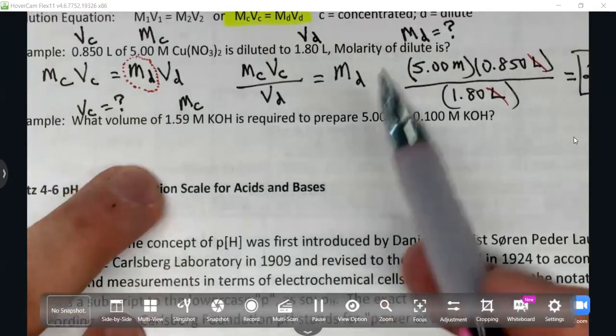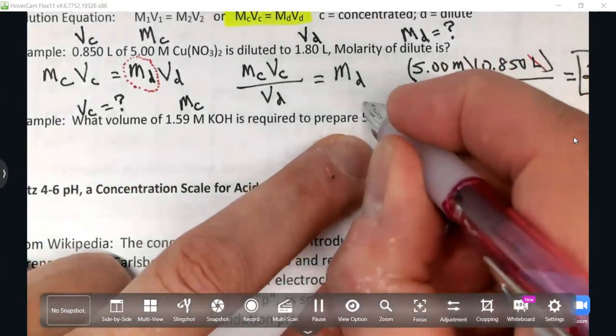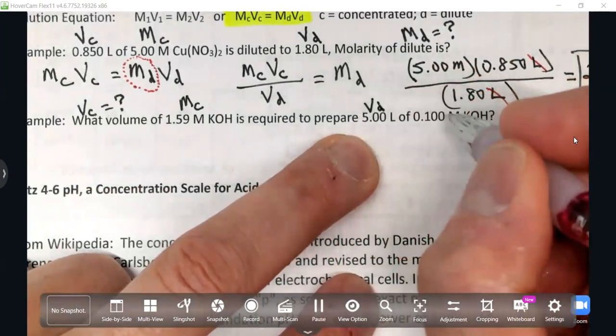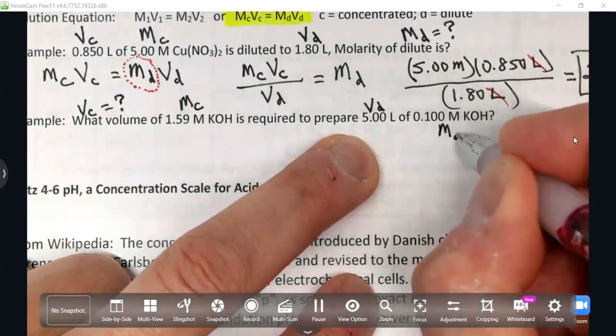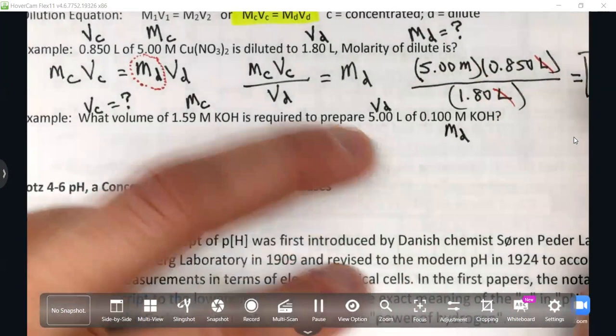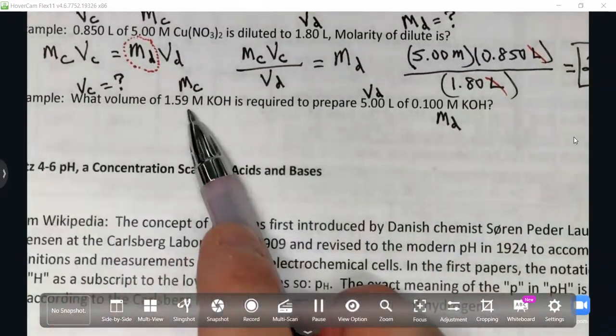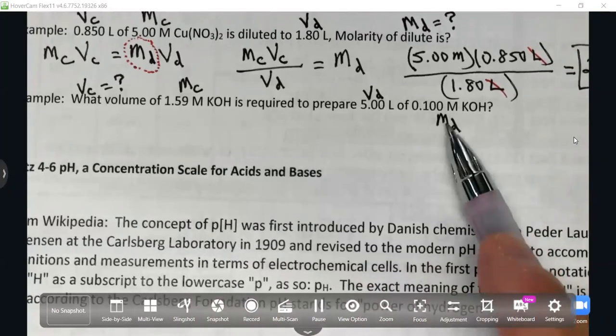So we want to prepare 5 liters of 0.1 molarity. So this is the volume of my dilute. And this is the molarity of my dilute. So we want to take some of the concentrated, water it down, right? So we end up with 0.1 molarity.